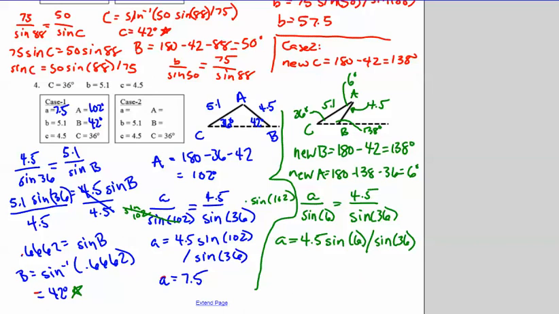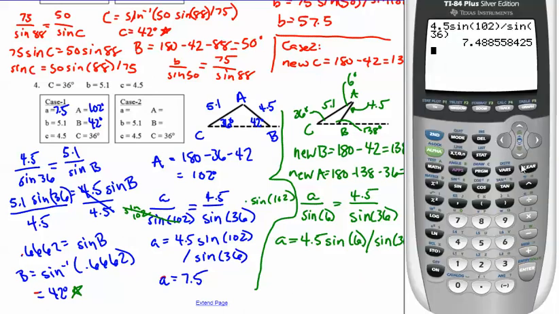Let's type that in. Remember to close your parentheses. Okay, and I get that side A is really small. It's only 0.8. And we don't have a unit, so we don't know what that is.